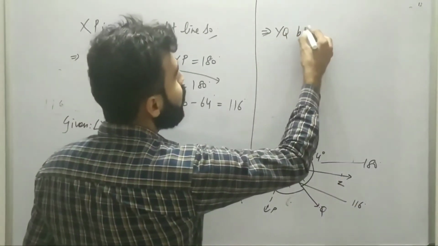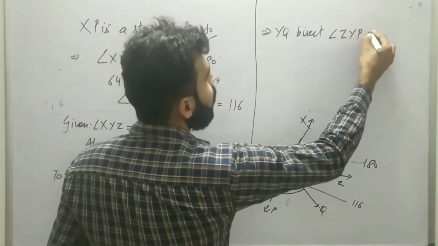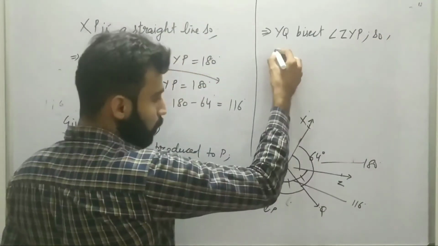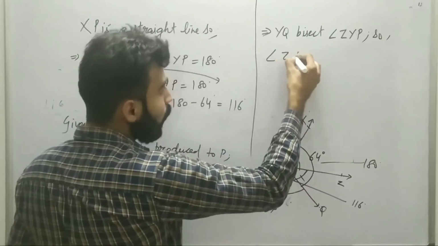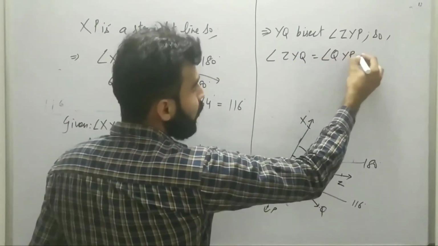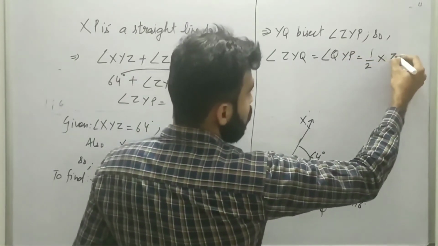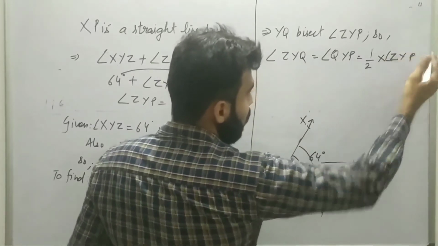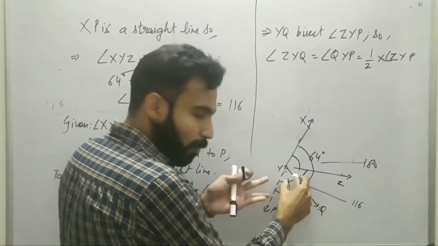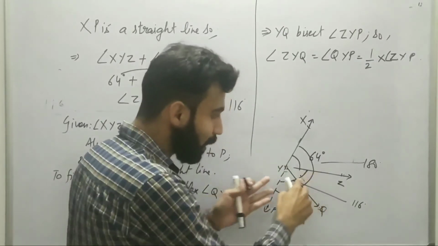So YQ bisects angle ZYP. This implies that angle ZYQ is equal to angle QYP, which is equal to half of angle ZYP. You can see this angle ZYQ and QYP will be equal because this ray is dividing this complete angle into two equal parts.